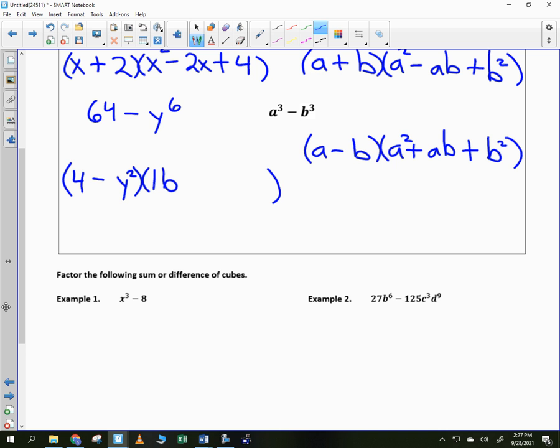Square the back. Y to the fourth. Multiply the two together. This sign is always positive. This is opposite.